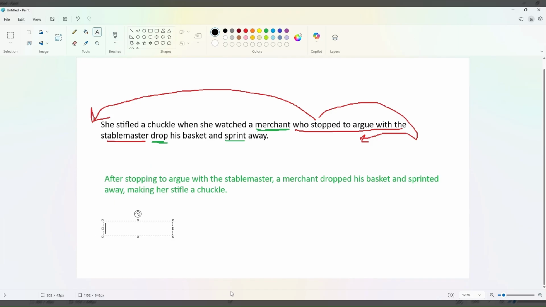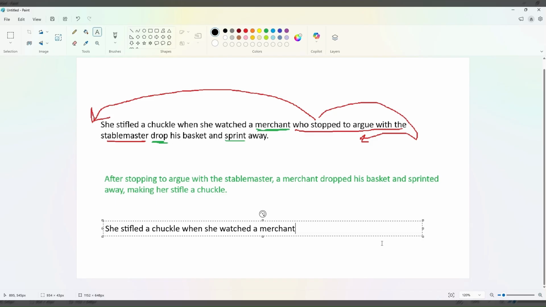So we could say, she stifled a chuckle when she watched a merchant drop his basket and sprint away.